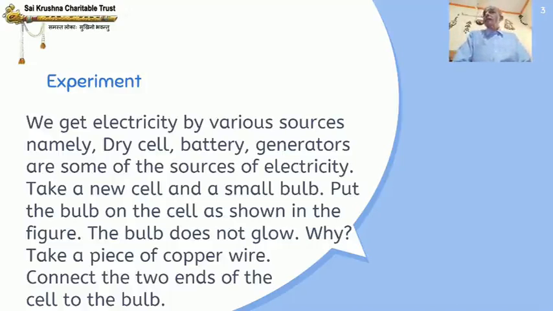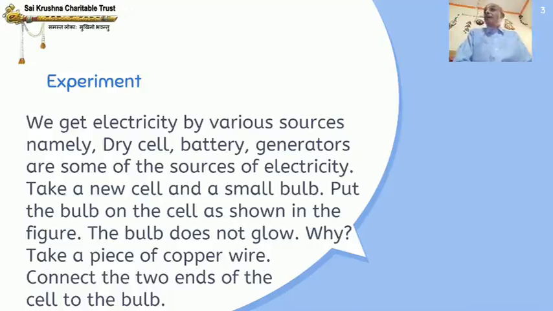Once the two ends of the cell are connected to the bulb by a copper wire, the bulb begins to glow. So why copper wire?